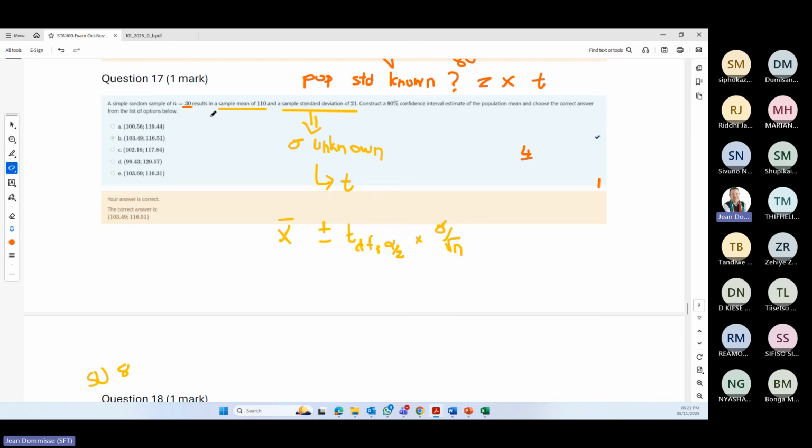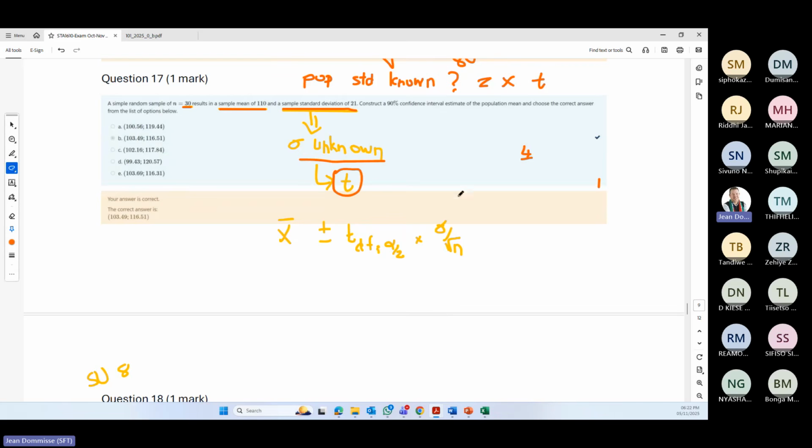That's still fine. But when they tell us we're going into a sample mean, that already tells me they're not talking population mean. And then they say sample standard deviation. So population standard deviation is unknown. The sample is known, but not the population. So we need to work with the T.